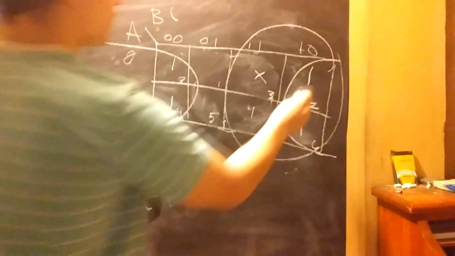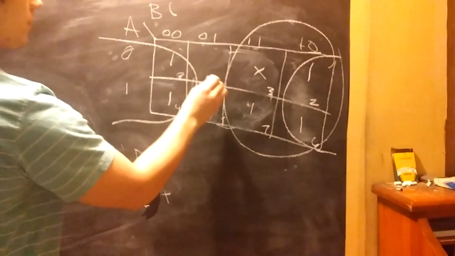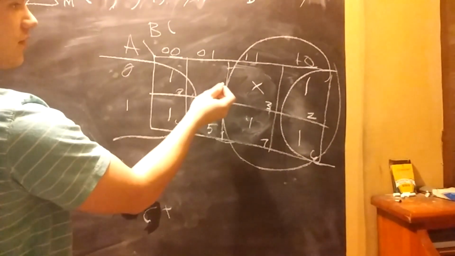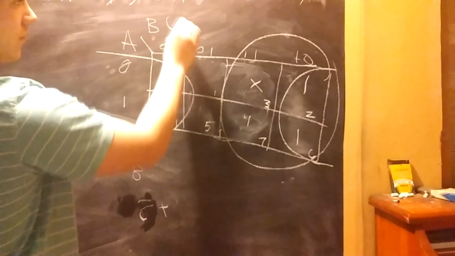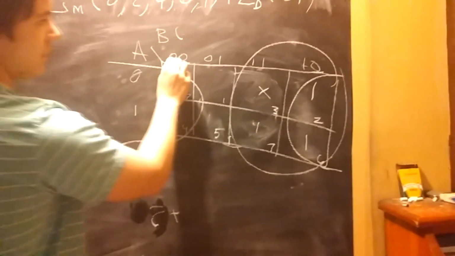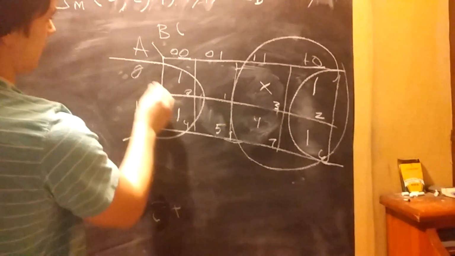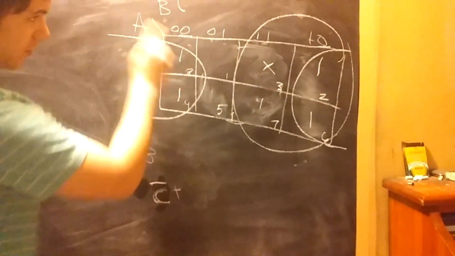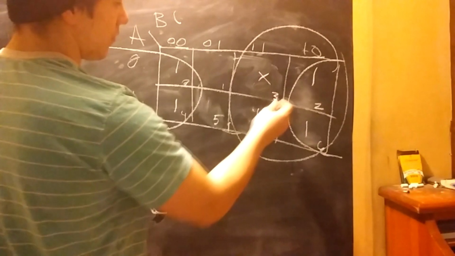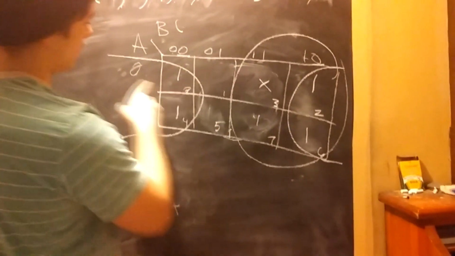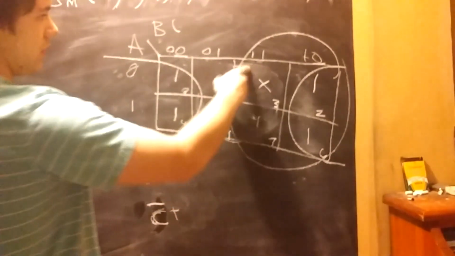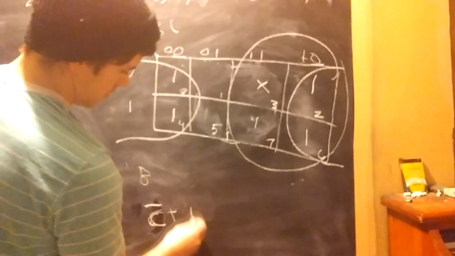The reason being is that's a 0, that stays the same. So when it's 0, we take the inverse of C, which is C bar. But this is 0 and 1, so it takes on both values of B, and it takes on both values of A. So we got a value of not C for our first circle. And for our second circle, we're going to have a value of B, because it takes on both values of A, takes on both values of C, and only has a positive B component.